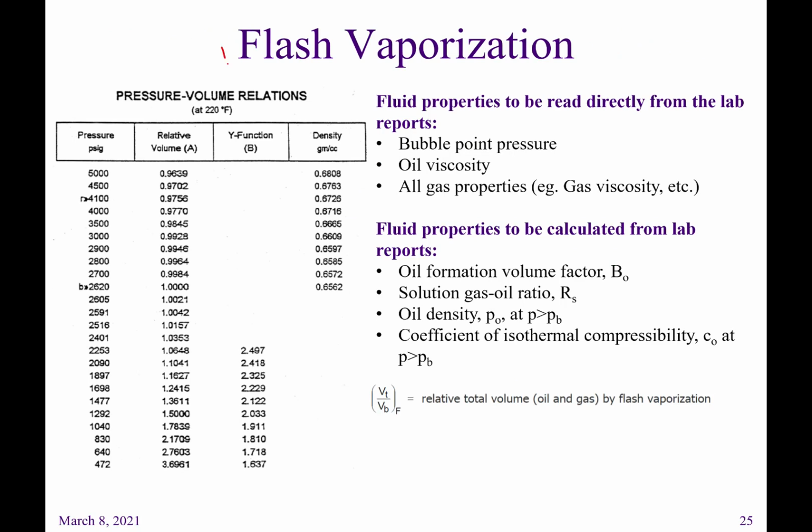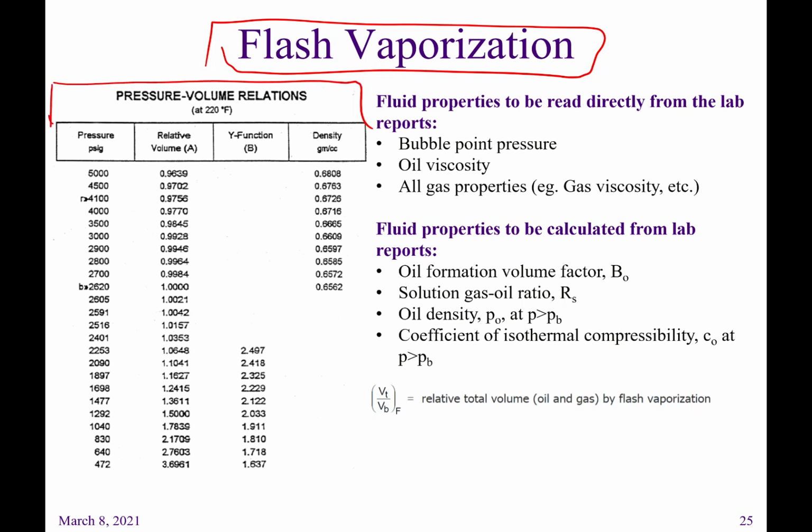So again, start out with flash vaporization, which is CCE or CME. This is the data we'll be working with from a standard PVT lab report. It shows pressure and something called relative oil volume.